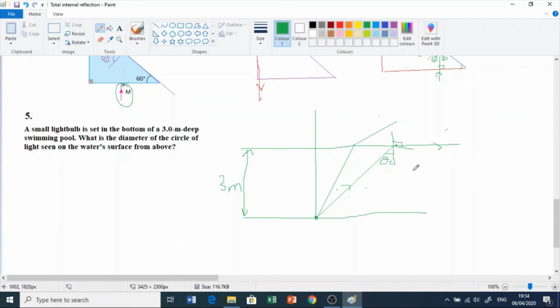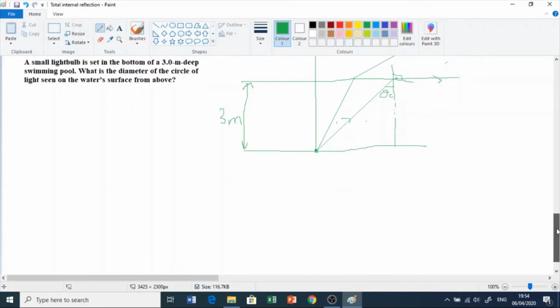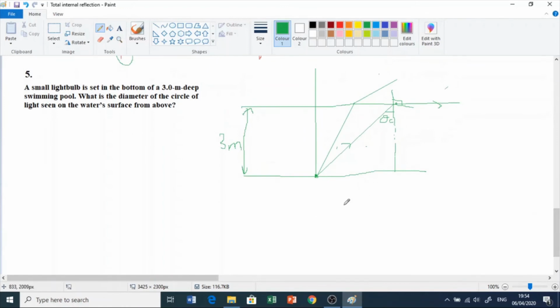How can we calculate the radius of the area which is going to be illuminated? To calculate it, let's use Snell's law. We know that n1 sine theta 1 equals n2 sine theta 2.